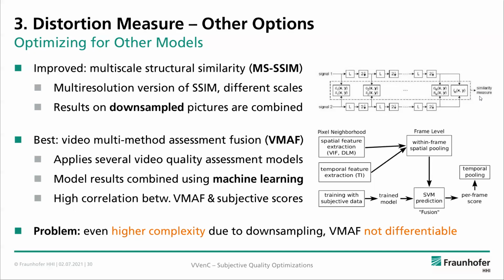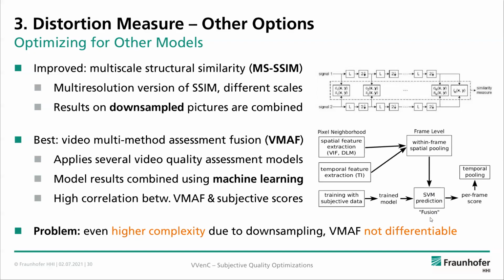In addition, there's the Video Multi-Method Assessment Fusion, or VMAF, that is currently considered one of the best ways of measuring video quality. It applies several video quality assessment methods, and the results of each of these methods or models are combined using machine learning approaches.